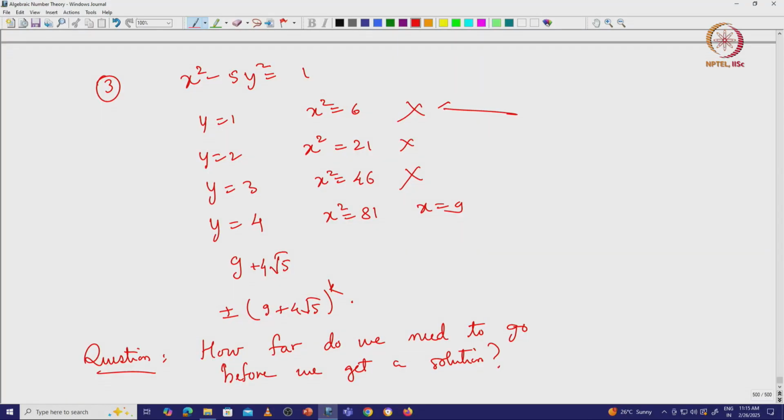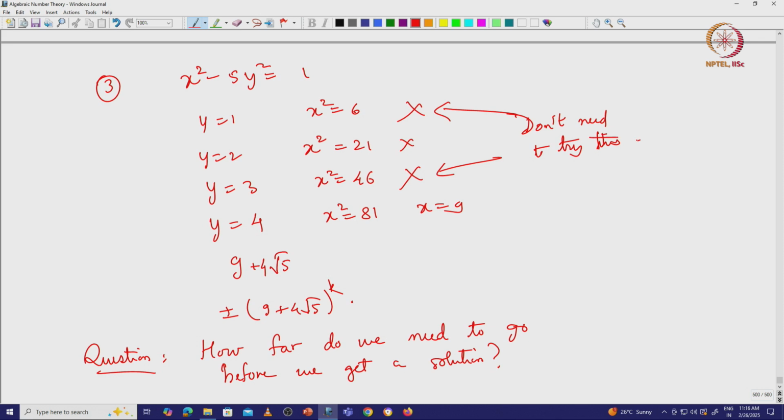So, in practice you will get a solution pretty quickly. You do not have to try too many values of y. So, for example, here you do not need to try this.